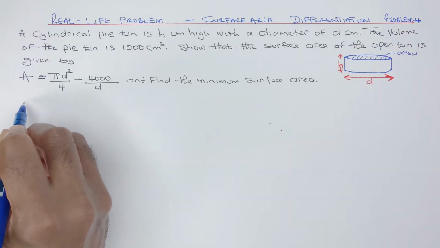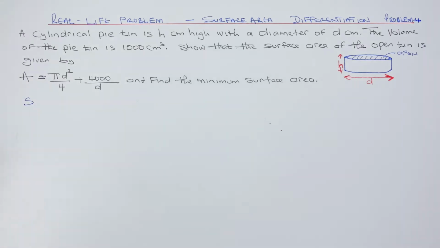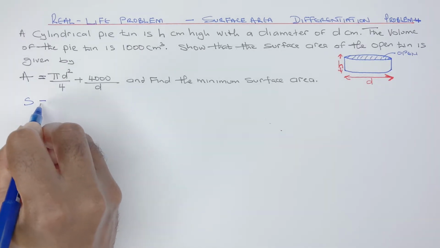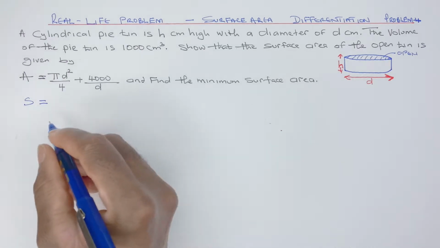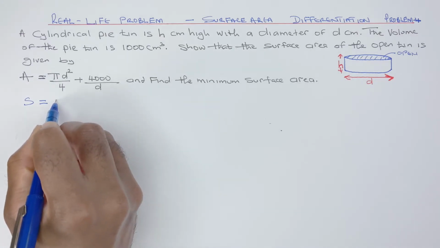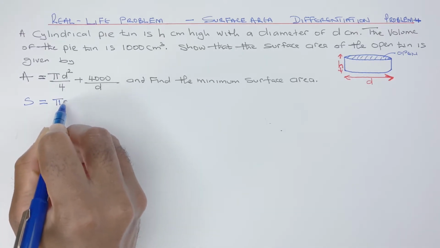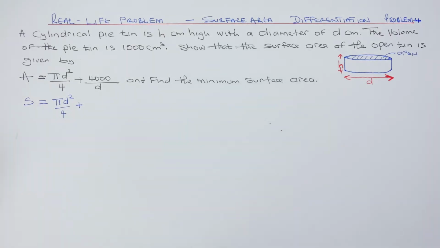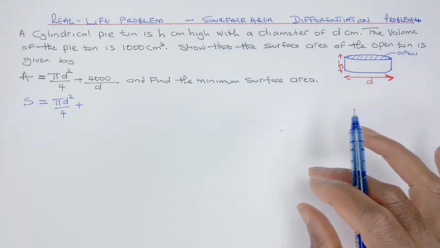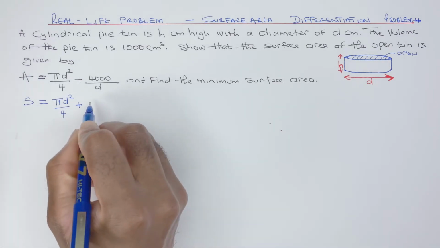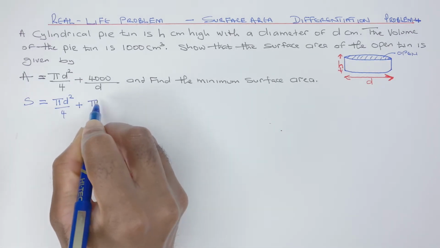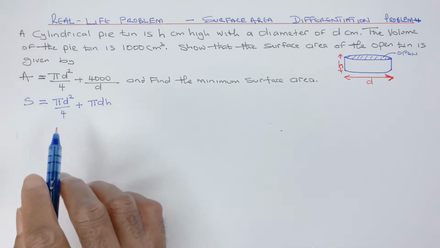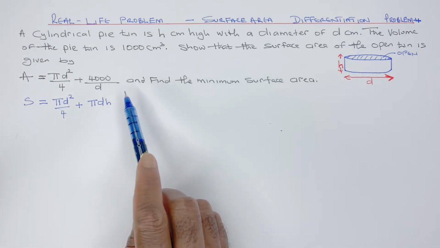So we know the surface area, S, is going to be the area of the base, which is pi d squared over 4, plus the area of the rectangle when you open it up, and that is pi d h. We also know that we're given the volume.